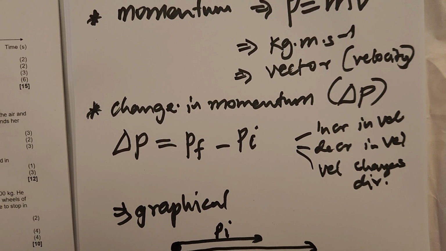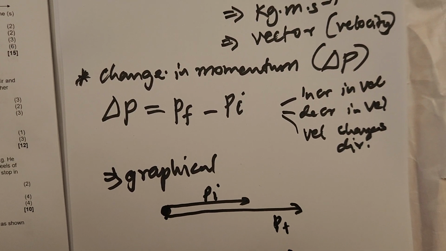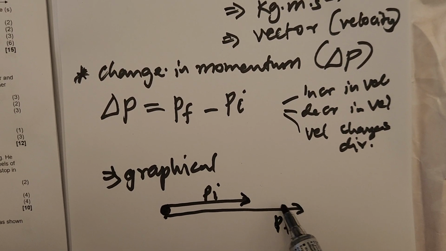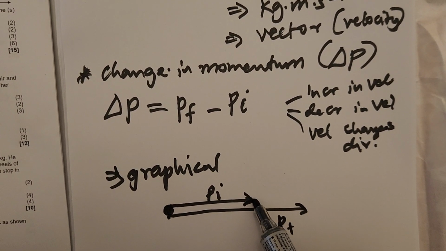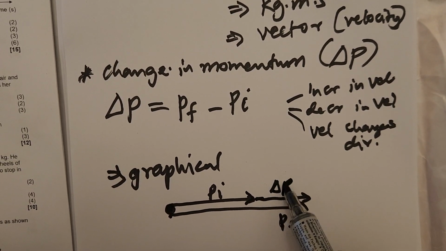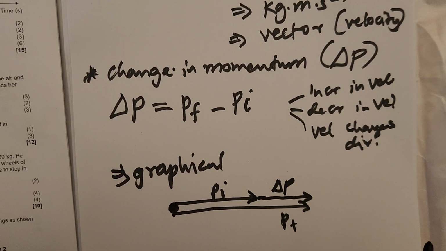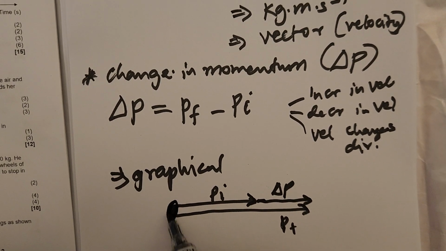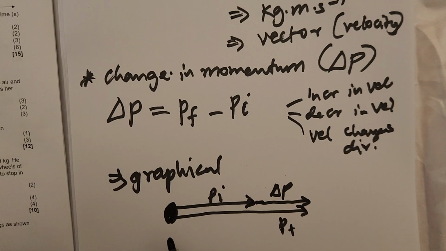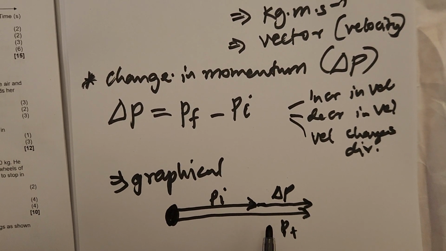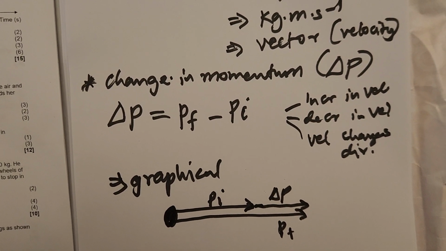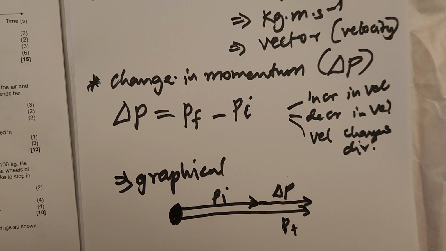And then when you find the delta P, you always start from the head of the initial to the head of the final. That is my delta P. In all cases, this will be the case. Start from the same point, draw initial according to the direction and final according to the direction, and then join the head of the initial to the head of the final. You will never go wrong if you go that route.